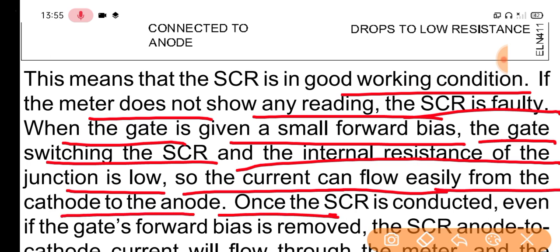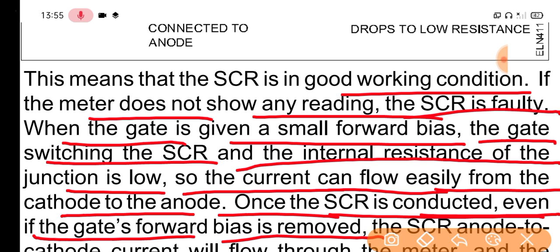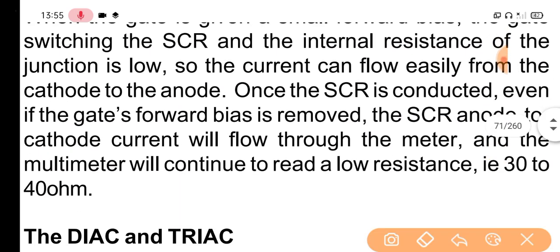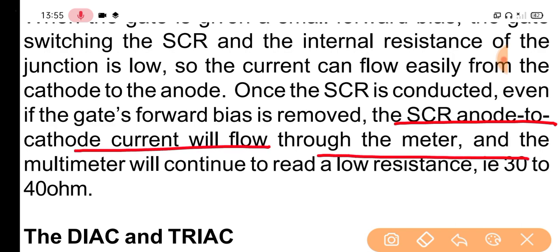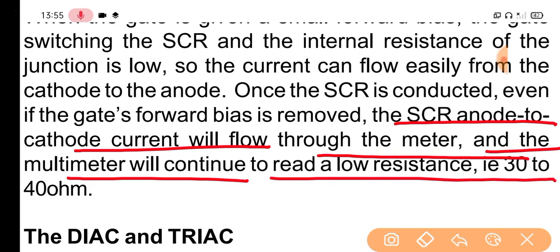Once the SCR is conducting, even if the gate forward bias is removed, the SCR anode to cathode current will flow through the meter and the multimeter will continue to read a low resistance, 30 to 40 ohms.